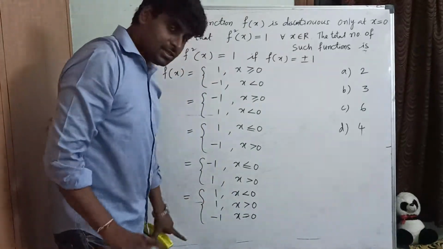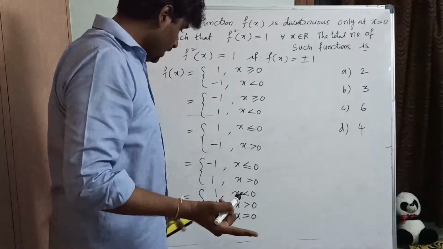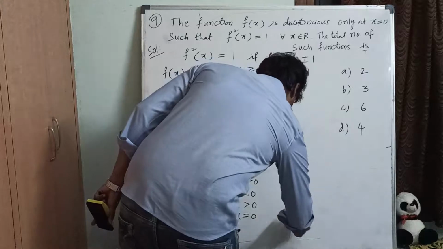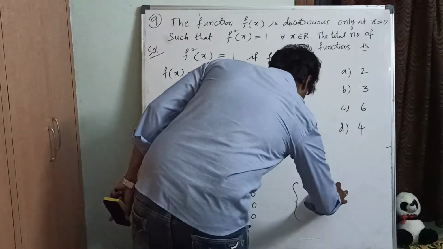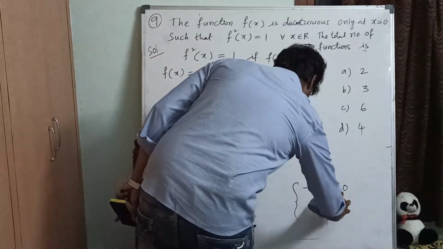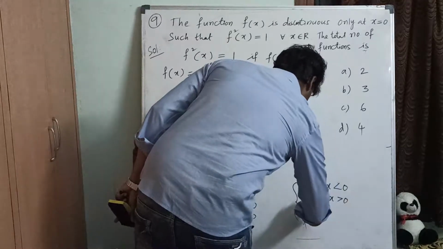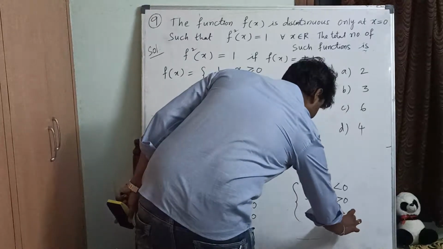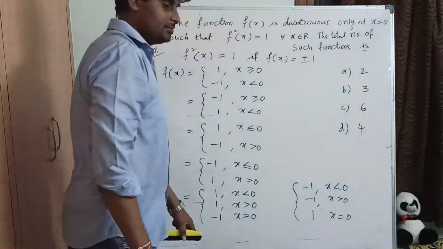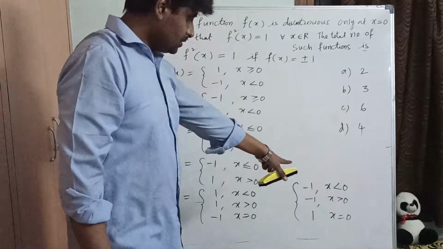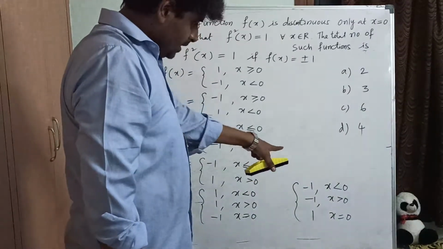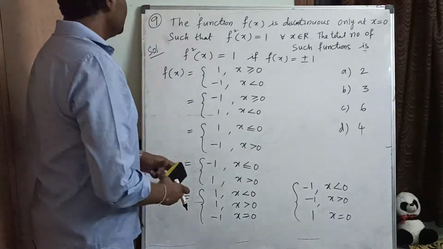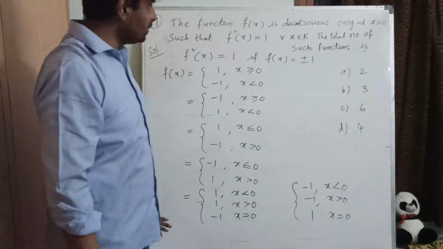Otherwise, both LHL and RHL are minus 1 for x less than 0 and x greater than 0, but the function value is 1. Right? So that is a removable discontinuity, correct?